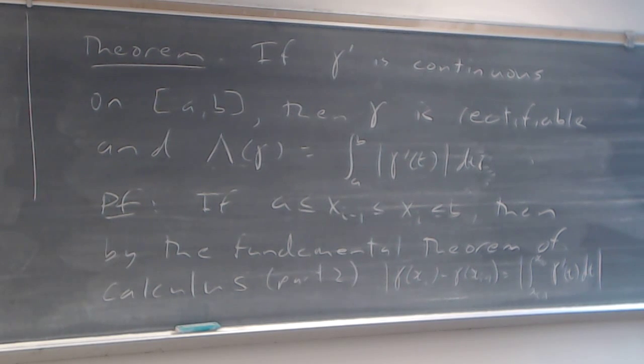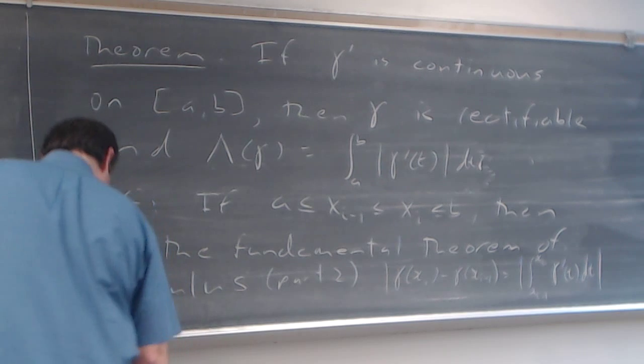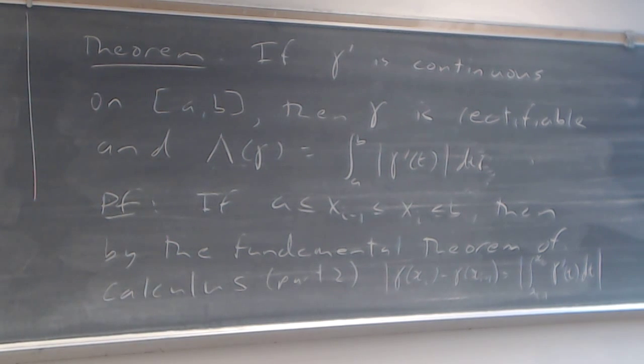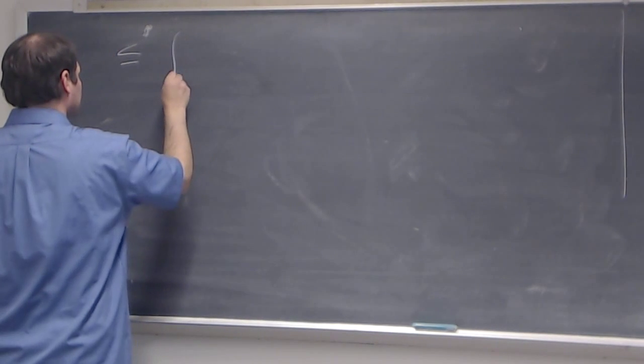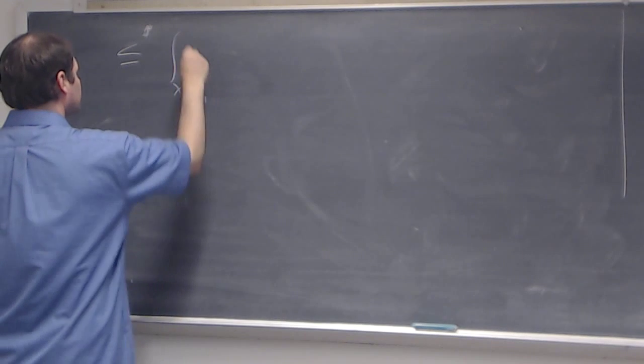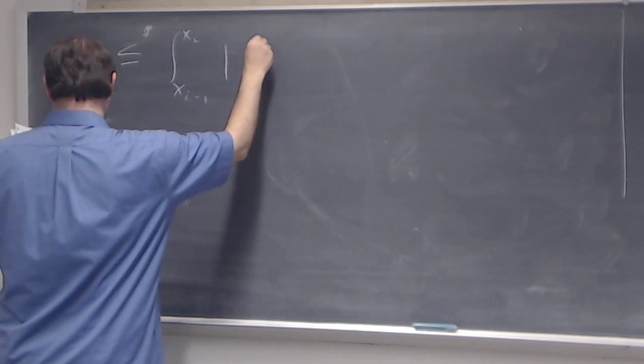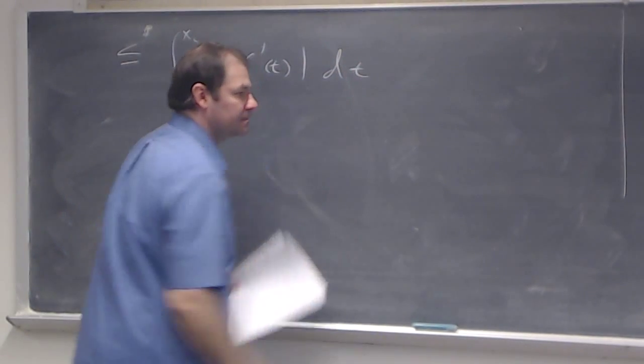And by the result that we did last time, we can say that's going to be less than or equal to the integral from x sub i minus 1 up to x sub i of the norm of gamma prime of t dt.